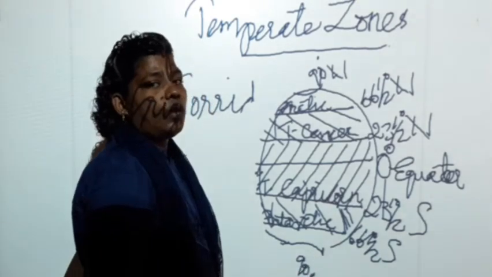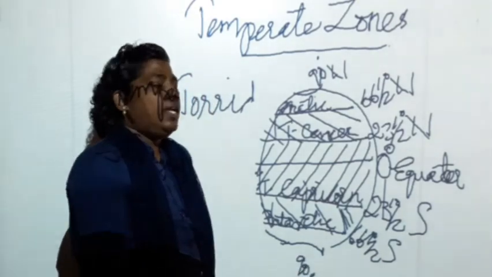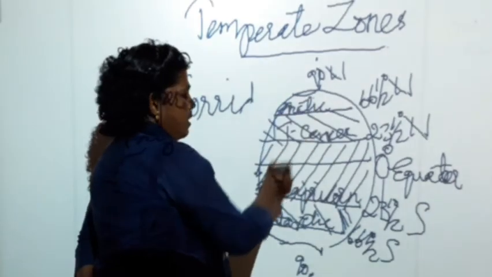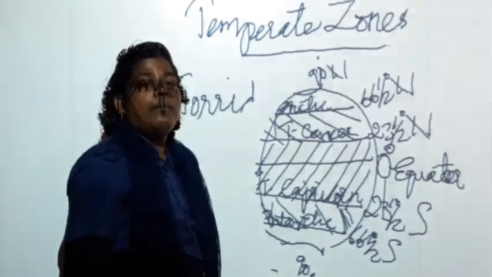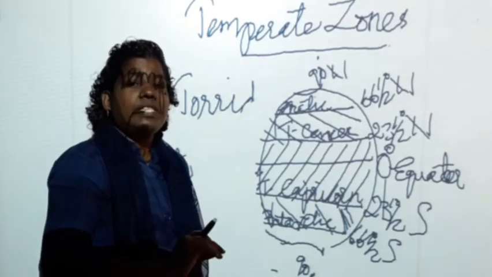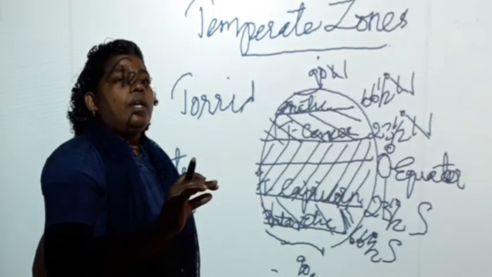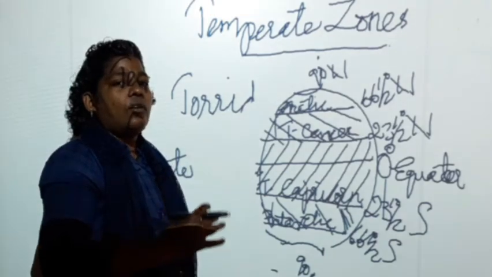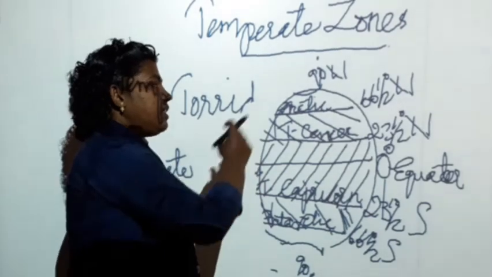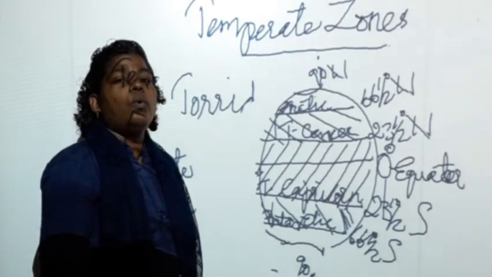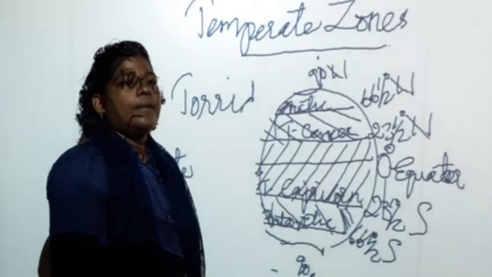Which region is located here? The frigid zone. This region will not get many rays of the sun, or it will not receive any direct rays of the sun. This region will be cool almost around the year.